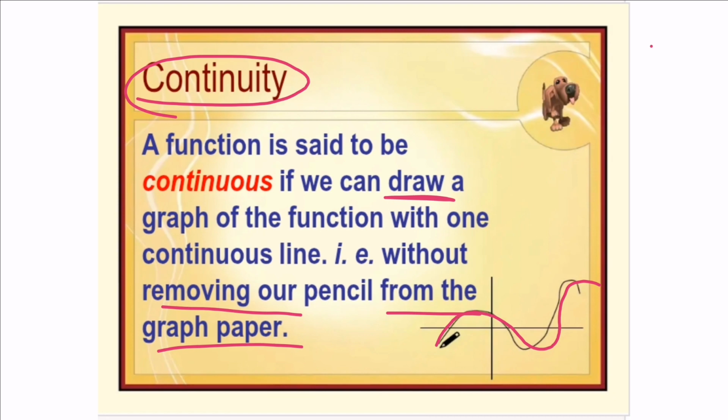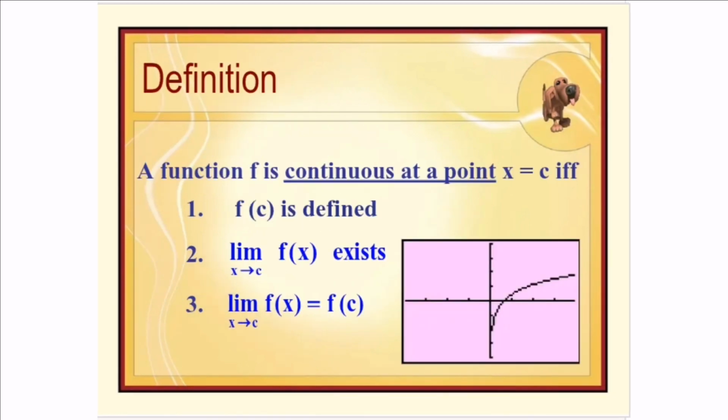Now, officially or mathematically, we want to define the continuous function. Definition of continuous function: a function f is continuous at a point x equal to c if and only if the function is defined at the mentioned point c, means f of c is defined.